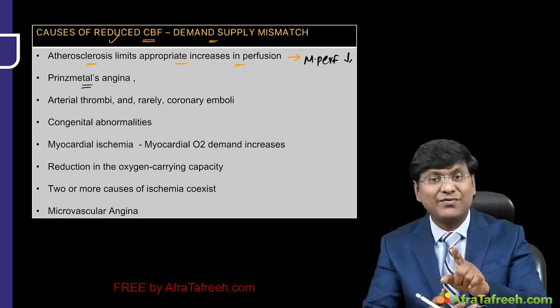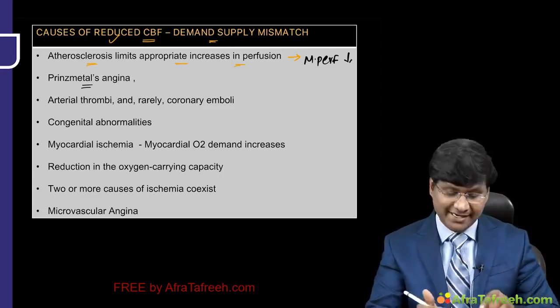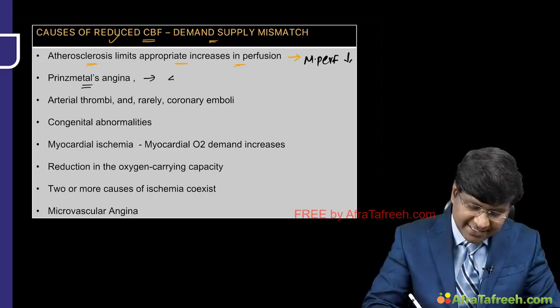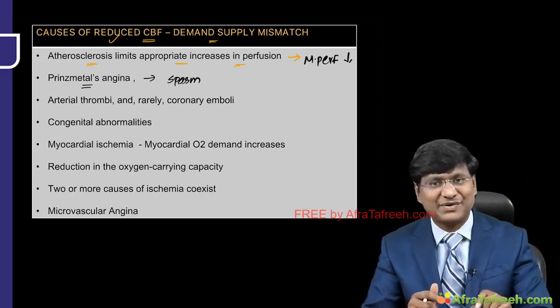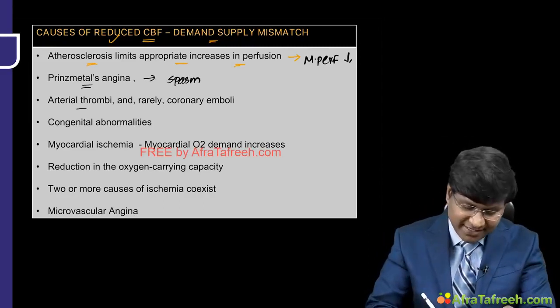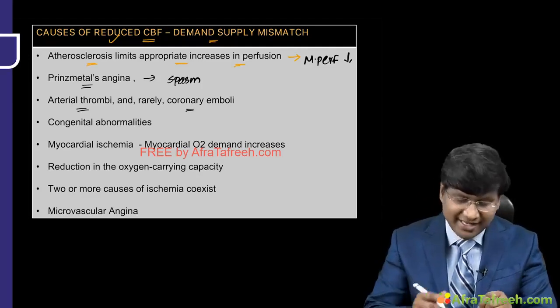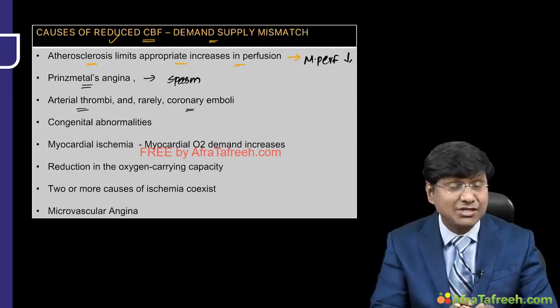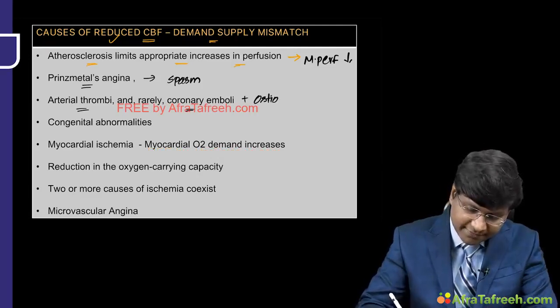Coronary blood flow can also be limited by spasm. In Prinzmetal angina, which is also called vasospastic angina, there will be spasm of the coronary arteries. The other reasons for reduction of coronary blood flow are arterial thrombi and, rarely, coronary emboli.